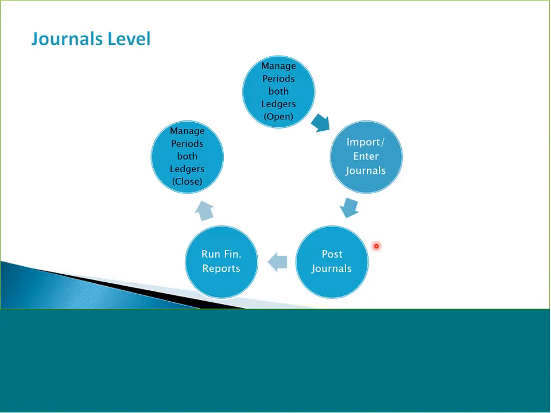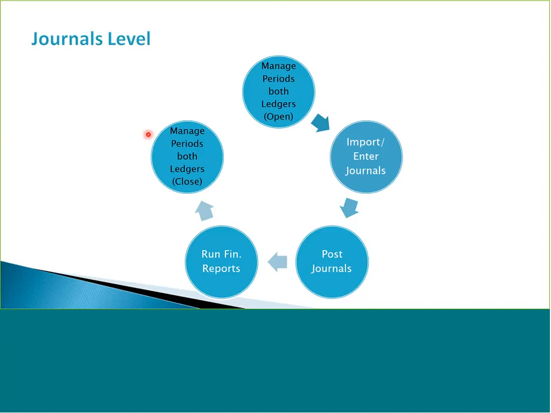Then we import or enter journals, or journals which are generated by various programs like we have seen. And when we post those journals, they are replicated in the reporting currencies ledger. After we post those journals, we can run financial reports from both our primary ledger in functional currency and our reporting currencies ledger.